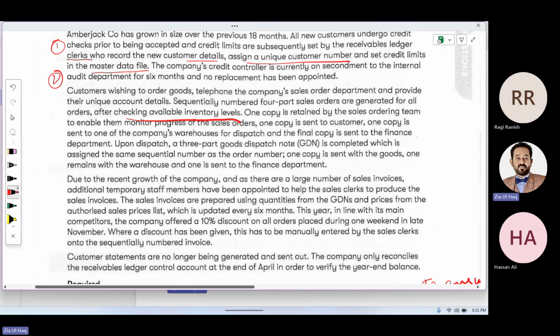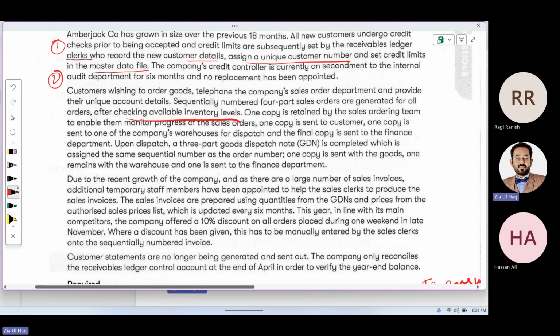He said new customers undergo credit checks, but for previous customers you also need to check how much credit limit he has, how much he has already bought, whether he is credit worthy or not, whether he has paid the amount in the past on time. If he didn't pay on time, this means he is not credit worthy. So while receiving an order, you are checking stock availability, but not the credit worthiness.